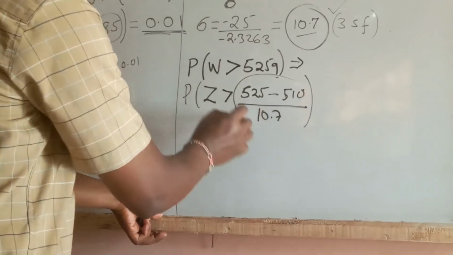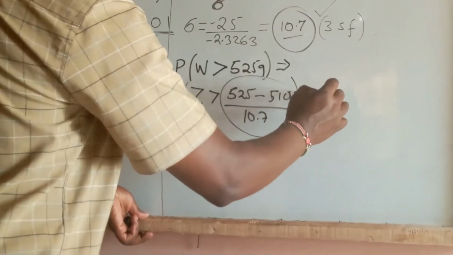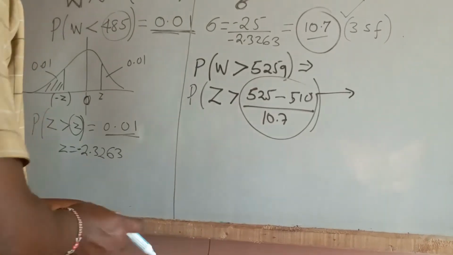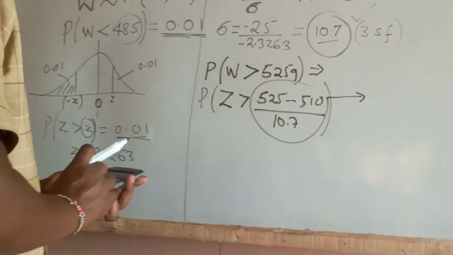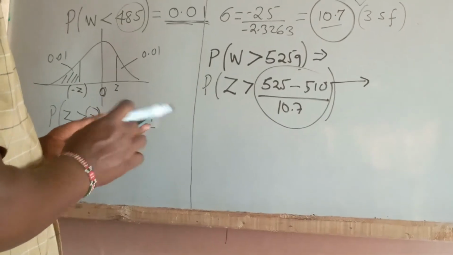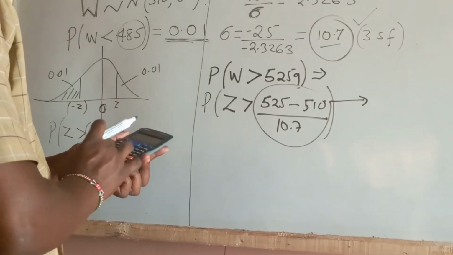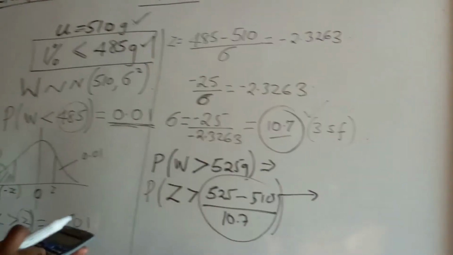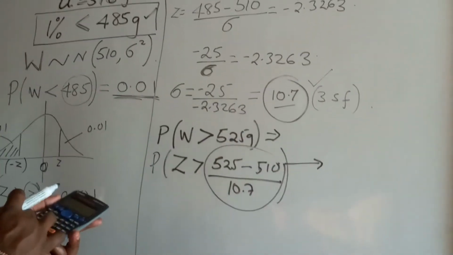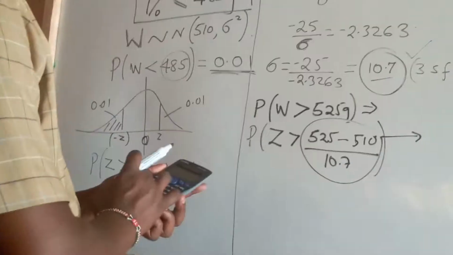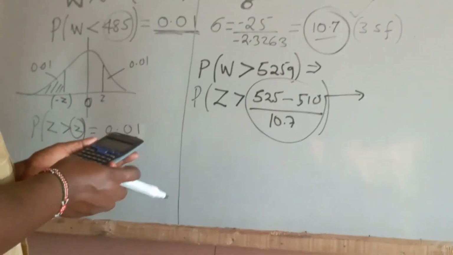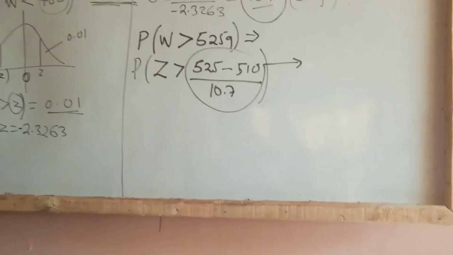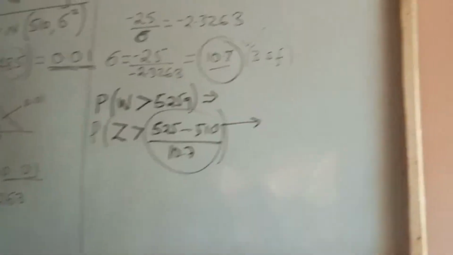This arrangement is supposed to give us our boundary, which is our small z, so let us simply find it. 525 minus 510, which is 15, you divide by 10.7, it's going to give you around 1.40.